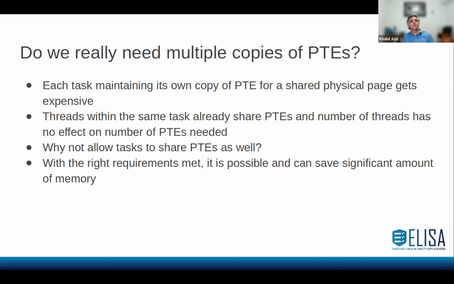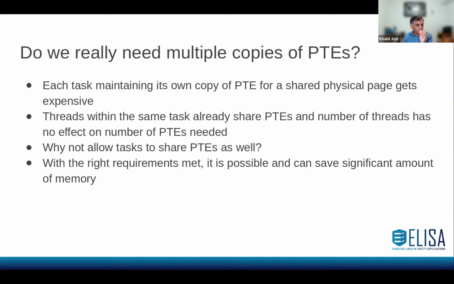Why don't we do the same thing for tasks as well? Tasks are supposed to be independent. Each task has its own address space, but what if we let them share their address space? They already want to share memory, right? So we let them share address space, and hence we let them share the page table entries as well.